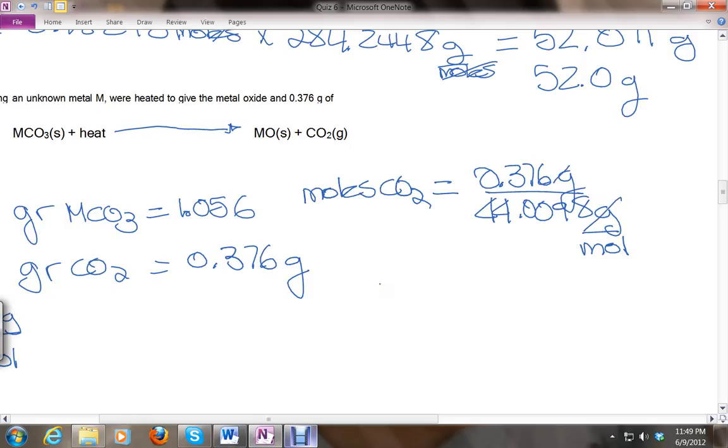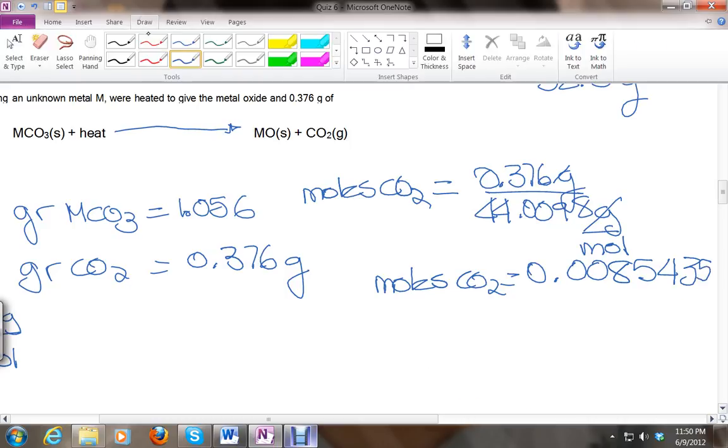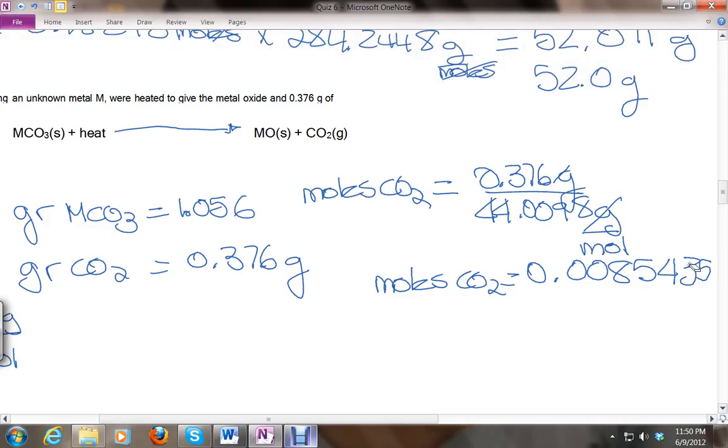So now you can find out the moles of CO2, and it's going to be 0.0085435.